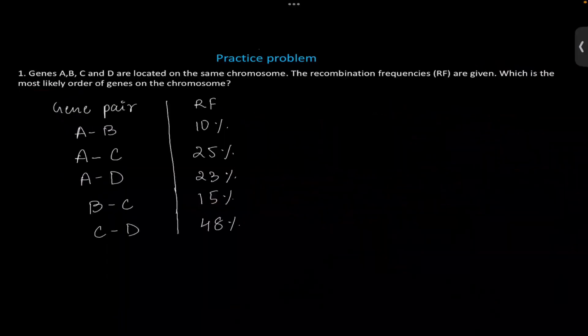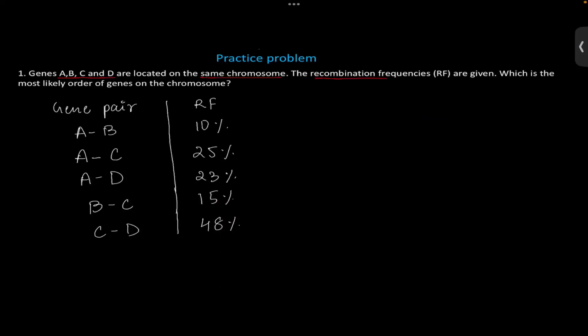Then moving on to the next question. There are 4 genes, A, B, C, D, located on the same chromosome, and we are given the recombination frequencies. Recombination frequency means the chance that gene pairs like A, B, B, C, or C, D will get separated from one another due to recombination.